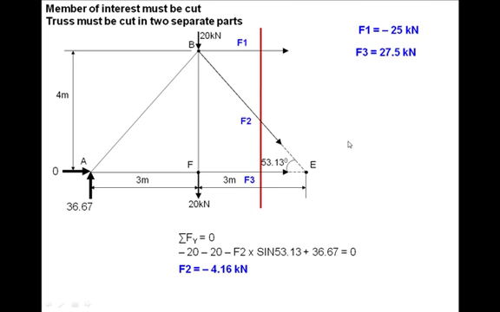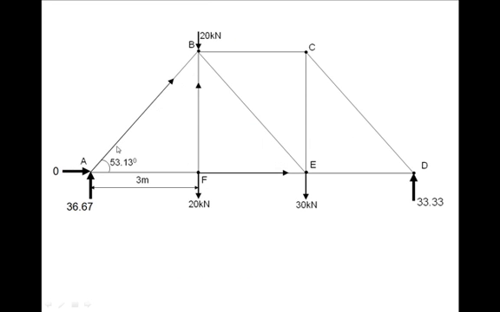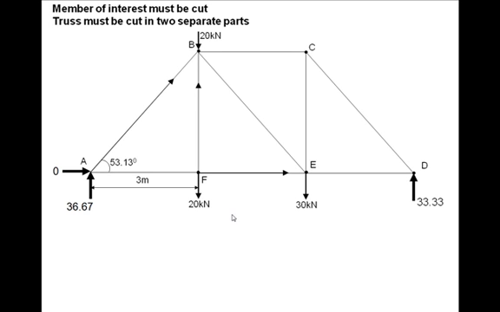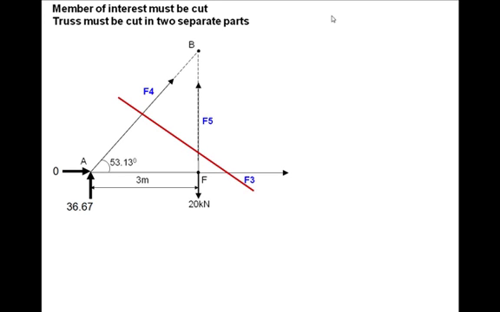Now suppose I was interested in these forces, the force in member AB, force in member FE, and force in member BF, independently, one by one. What I would do is use the same approach. I'll take the member of interest and see that it is cut, and the truss must be cut into two separate parts, and see this cut. Now I use the lower part of the truss.